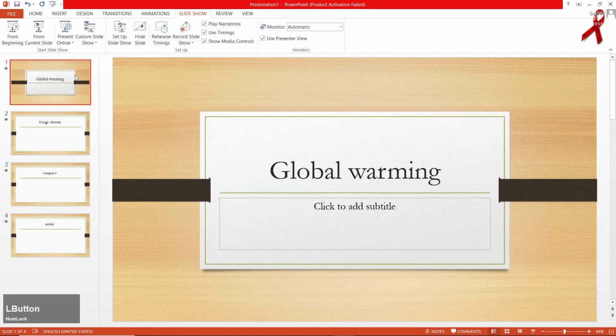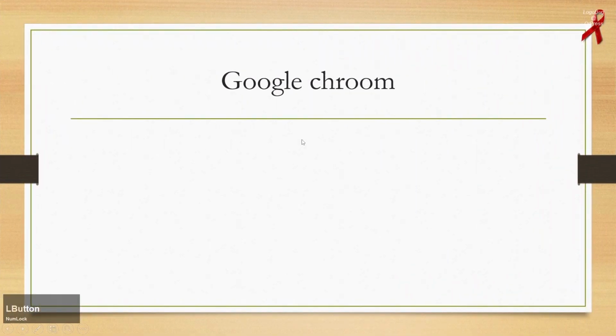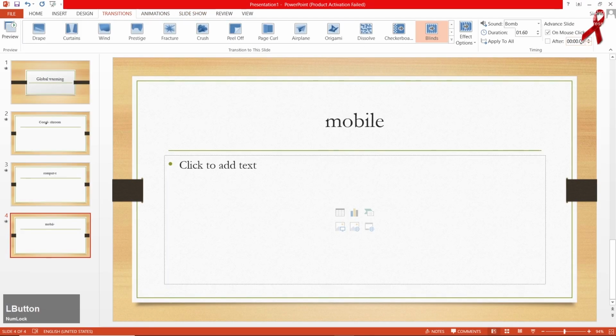That is what I want to make you understand. If you go for Slideshow and From Beginning, the moment you click, it will make you go to the next one. And there is an option which is known as On Mouse Click. Try to uncheck that and set the time for that.